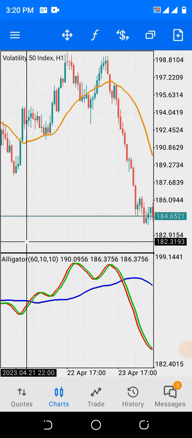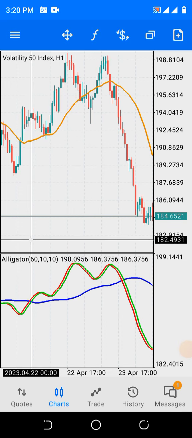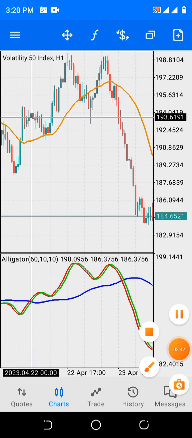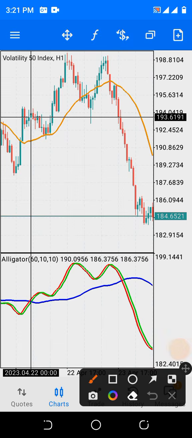All right, now let me show you what I mean. Look at the crossing here. You make your buy entry at this point, where the red and green line cross the blue line of the alligator indicator. Do you understand? Here is the candlestick where the crossing occurs.